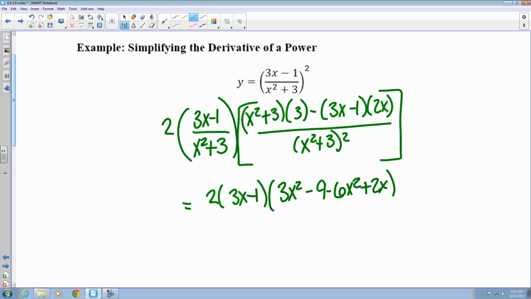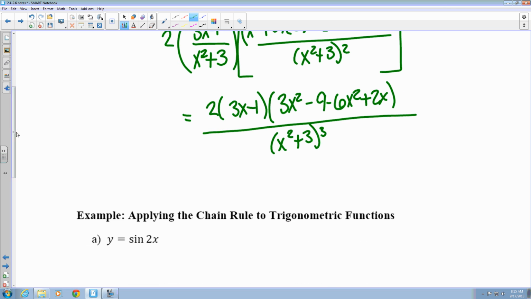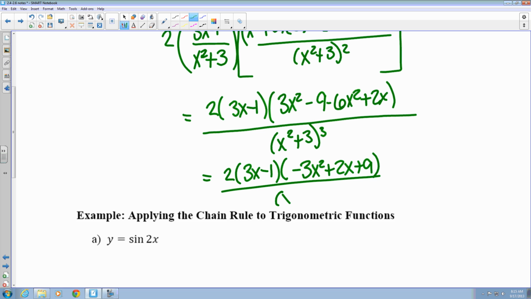I just multiplied everything through, and then the x squared plus 3 on the bottom just makes it the third power on the bottom. And the last thing I'm going to do, we do not have to multiply through everything. I'm just going to simplify inside of our parentheses. And that'll be good.